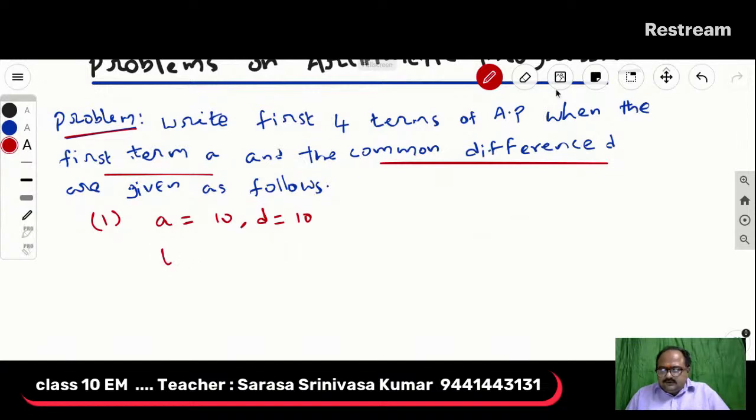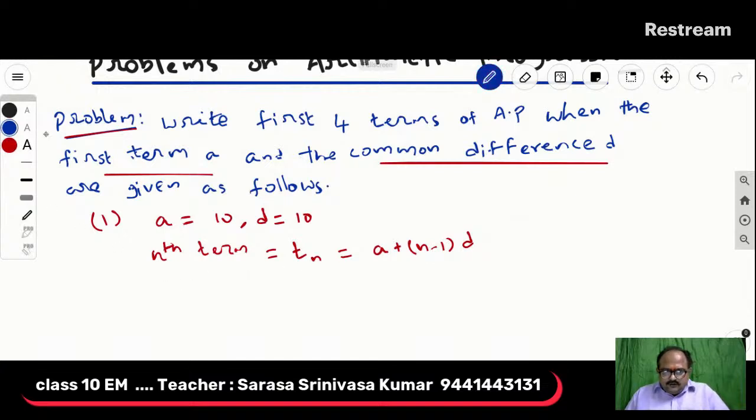The nth term Tn equals A plus n minus 1 multiplied by D.